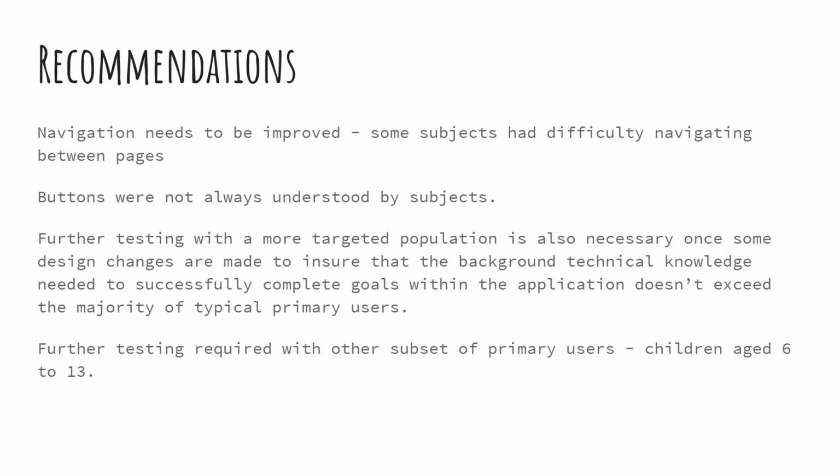And then I would also want to do further testing with children age 6 to 13, because I don't happen to know any children age 6 to 13, so I wasn't able to do any testing with them. So those were the 2 big interface things I needed to work on, and the 2 big usability testing things I need to work on to get more solidified results and recommendations from the data.